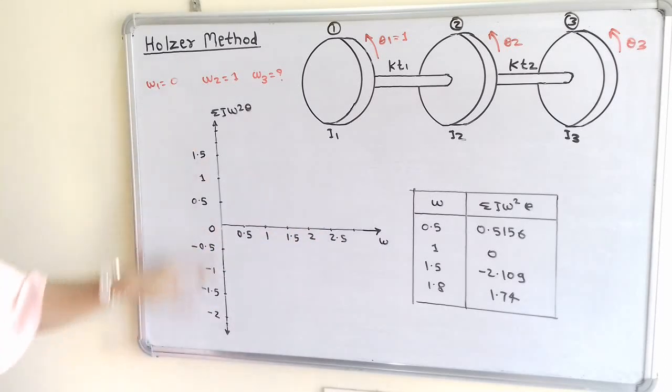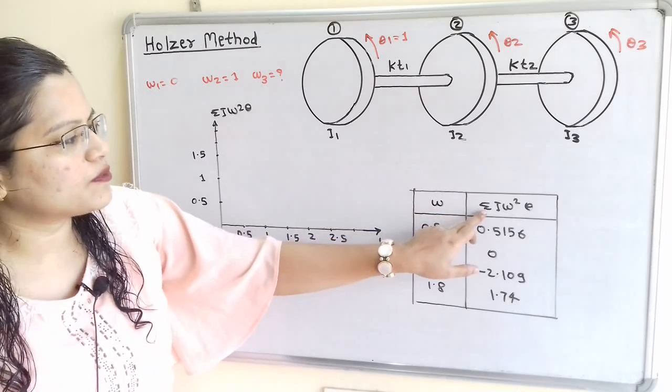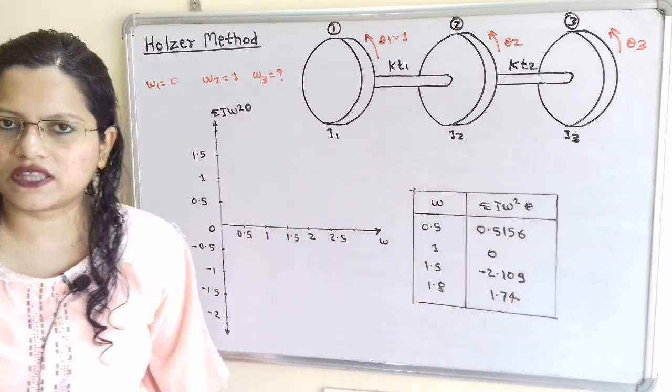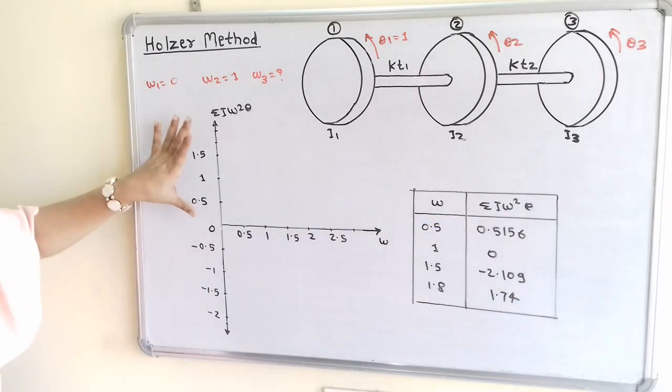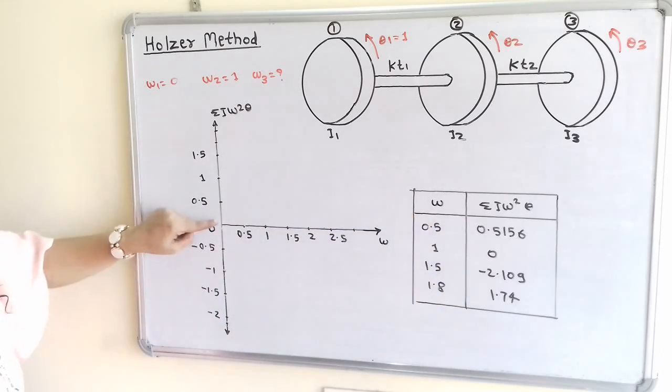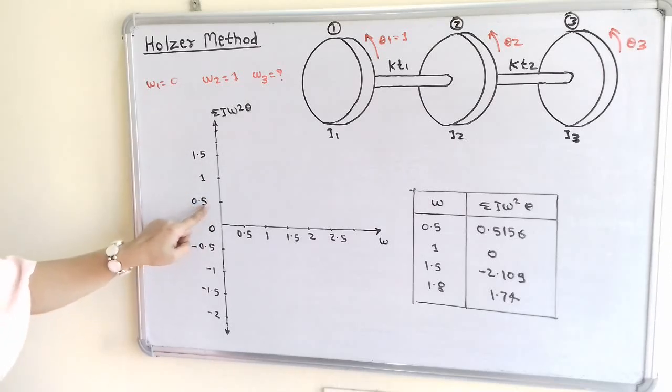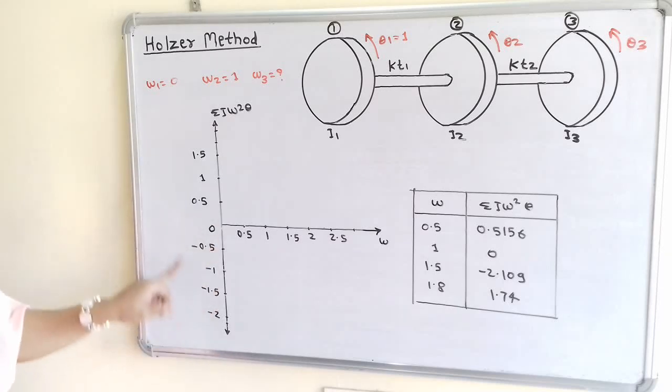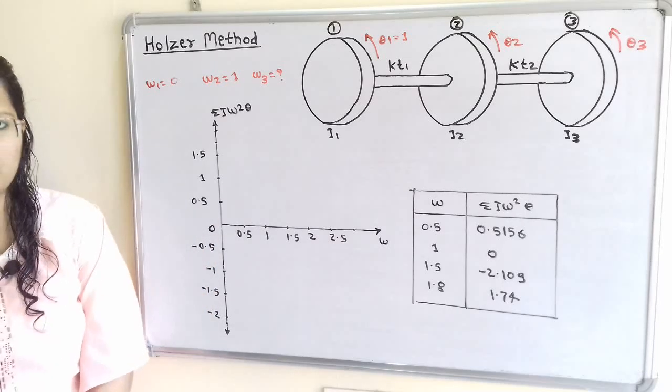Now on the vertical line we have to plot the values of the summation of I omega square theta. Some values are positive and some are negative. So from 0 upward we take plus 0.5, plus 1, plus 1.5, and on the downward side we write minus 0.5, minus 1, minus 1.5.